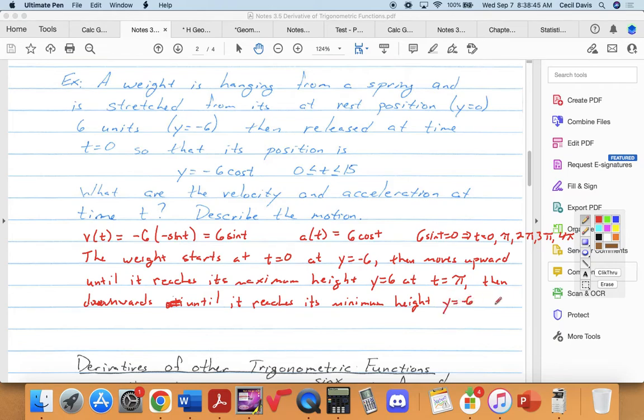Y equals negative 6 at time t equals 2 pi. This pattern then repeats. I don't want to write it all out. Until t is equal to 15.